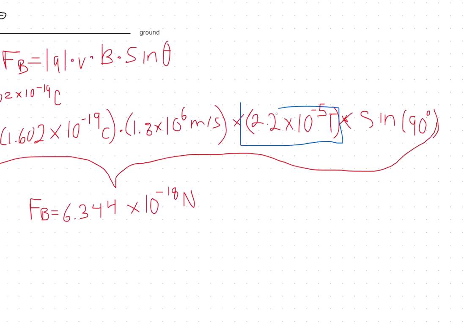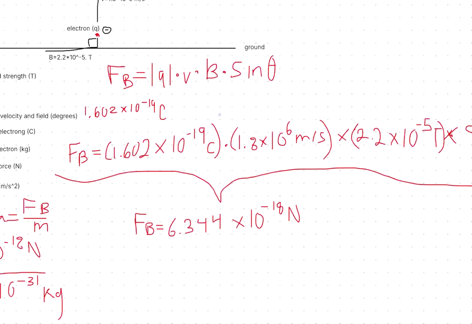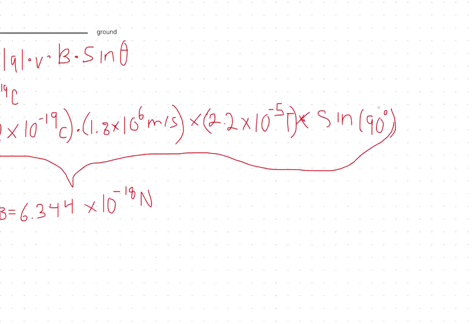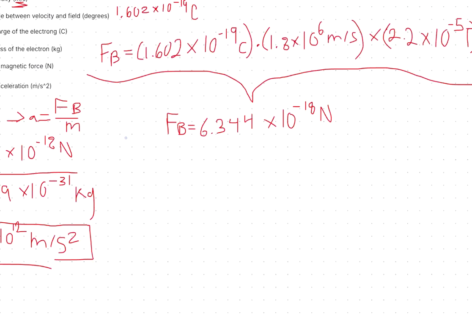And since, as we know, the angle is 90 degrees, we will do sine of 90, which is basically just 1. And so when you throw all that into a calculator, you would get a magnetic force of about 6.344 times 10 to the negative 18th newtons.